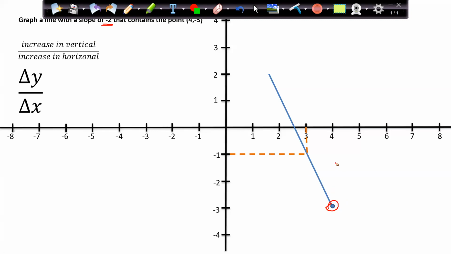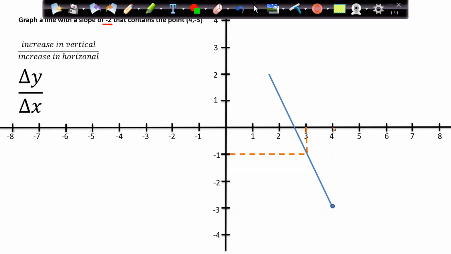This point is a part of the line. My line cannot go upward because my slope is negative. That means my line should go down from left to right.